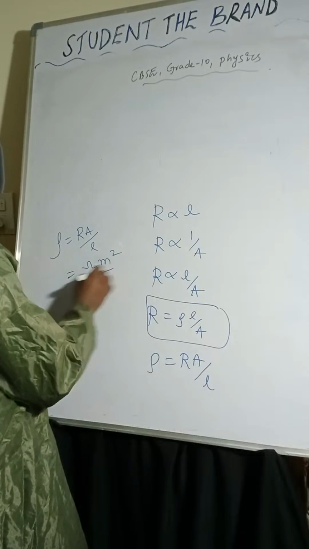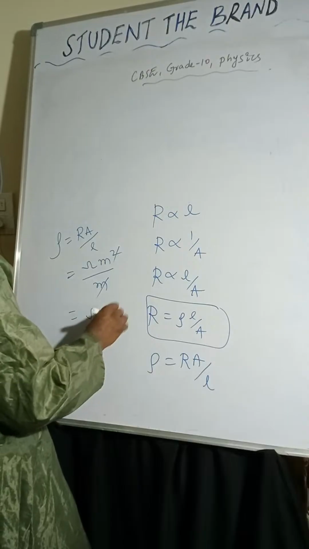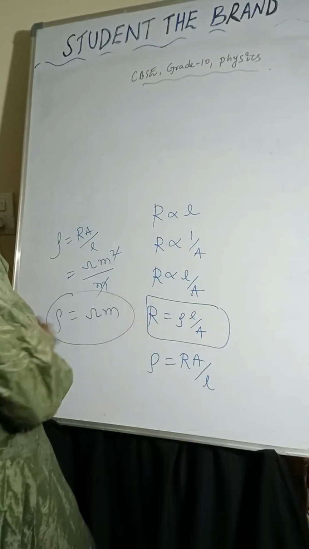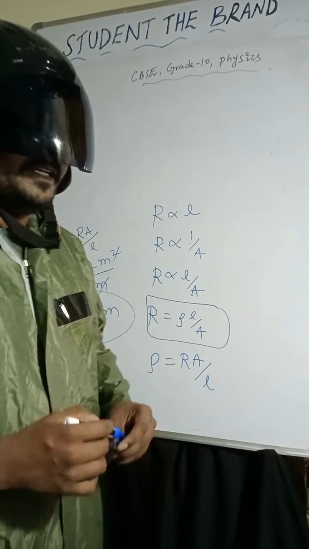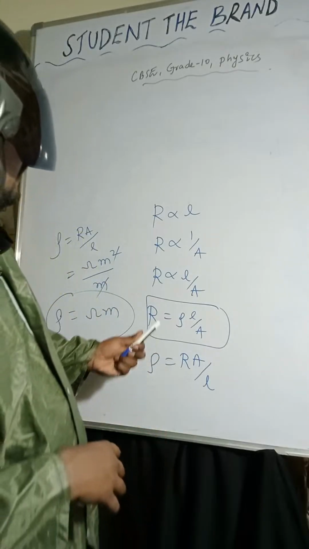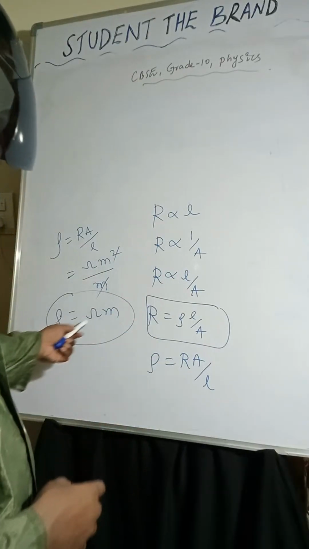SI unit of area is meter square. SI unit of length is meter. So then you will get ohm meter. So resistivity is equal to ohm meter. I hope it is very clear. So SI unit of resistance is ohm, SI unit of resistivity is ohm meter.